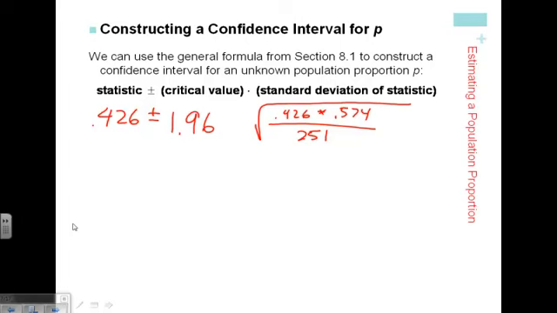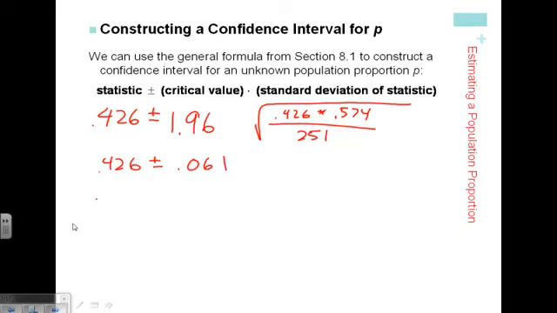Okay, I'm going to write down what Abby just said: 0.426 plus or minus 0.061. So she gave me the confidence interval in the form estimate plus or minus the margin of error. And that's a form that works. There's one other form that works as well. What happens when you take 0.426 and subtract 0.061?